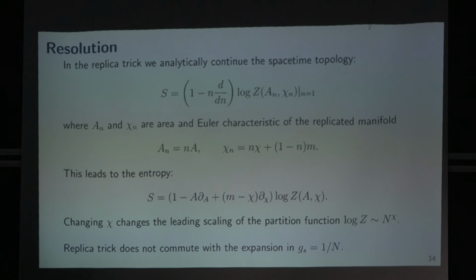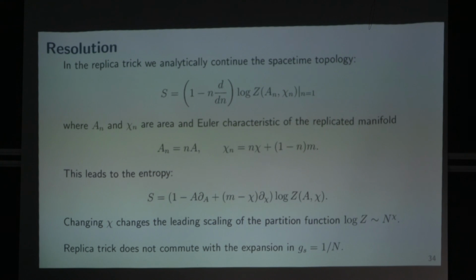So here's what's happening. You might have thought in the replica trick, you could just expand the partition function in a power series in 1 over n, and then apply the replica trick term by term. And here's why that doesn't work. Here's how you would do this calculation.